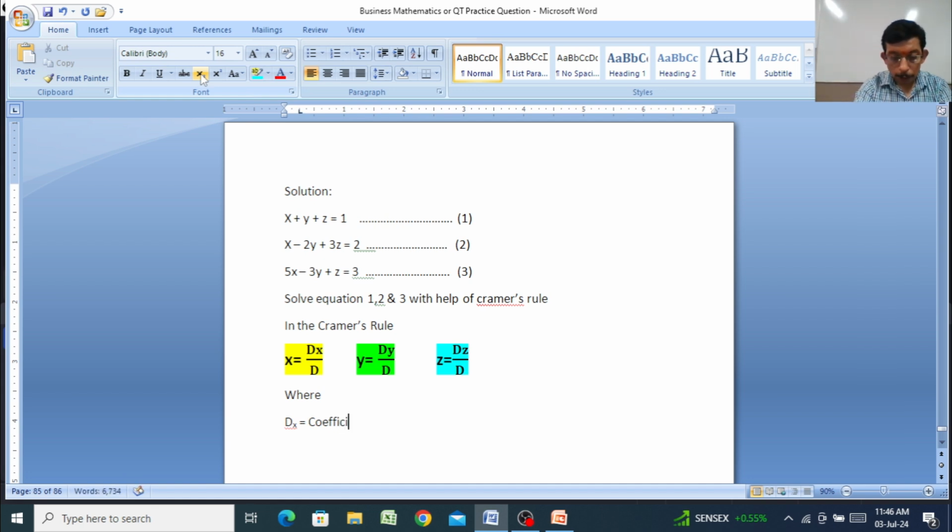Coefficient matrix of equation one, two, three.